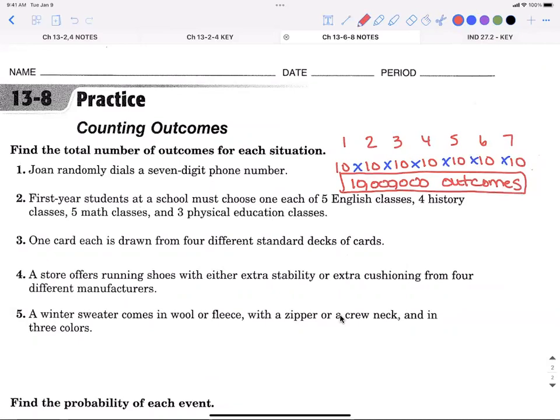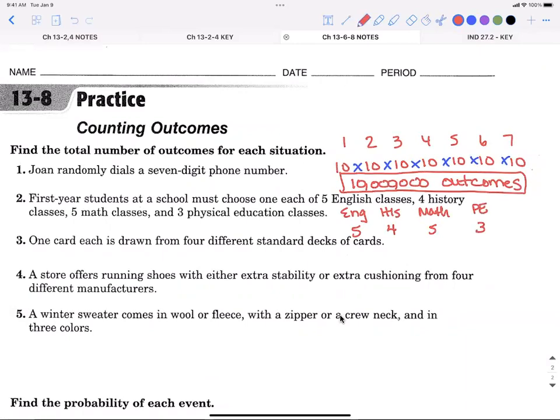All right. First year students out of school must choose one of each between 5 English classes, 4 history, 5 math, and 3 phys ed. So we're going to put our English possibilities, which are 5, our history possibilities, which are 4, our math possibilities, which are 5, and our PE possibilities, which are 3.